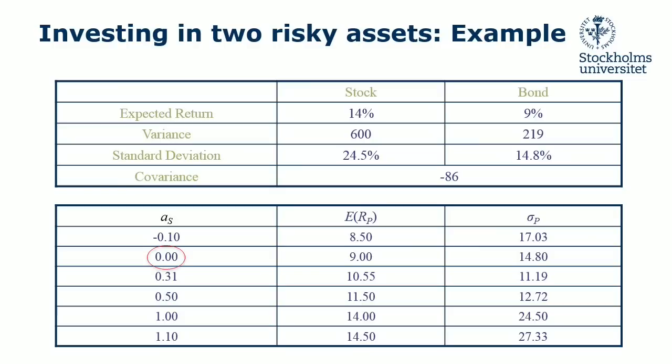For example, a weight on the stock of 0 will be nothing but a full investment in the bond. And it shouldn't surprise us that the expected return and the standard deviation of this portfolio is nothing but the expected return and the standard deviation of the bond.